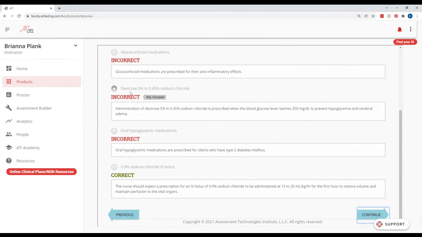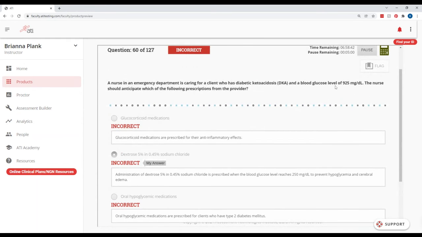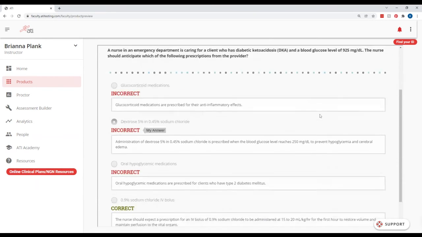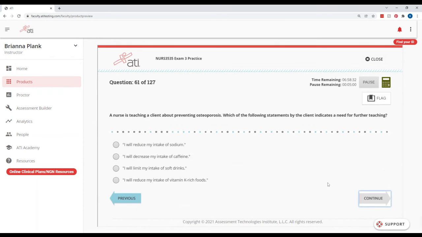So eventually we'll give D5 half NS plus potassium, when they've reached below a certain level. But in a crisis of 925 of sugar, we want to give boluses to bring that down and restore volume, yes.